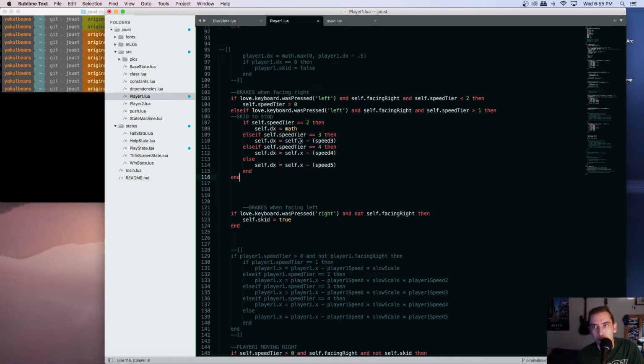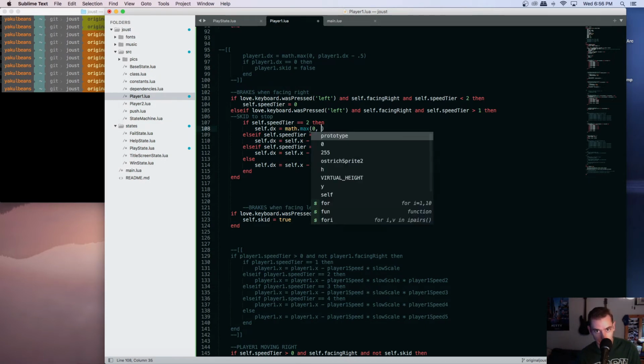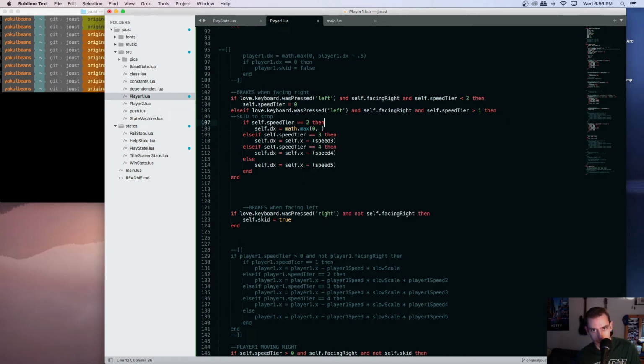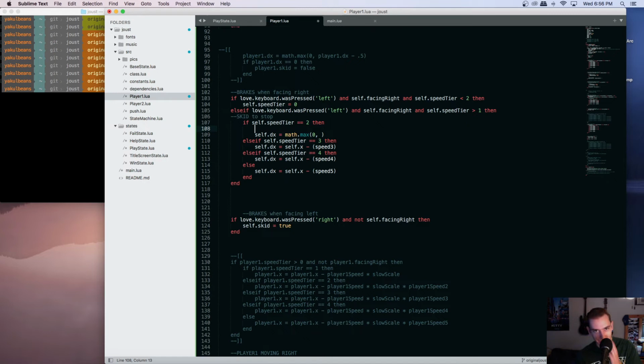But for now, speed tier gets 0 if you hit brakes and you're in speed tier 0 or 1, which is accurate. And then we need to update dx to be the bigger number between, so I think I need to say something.